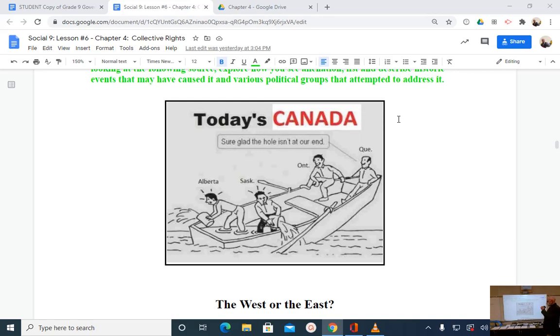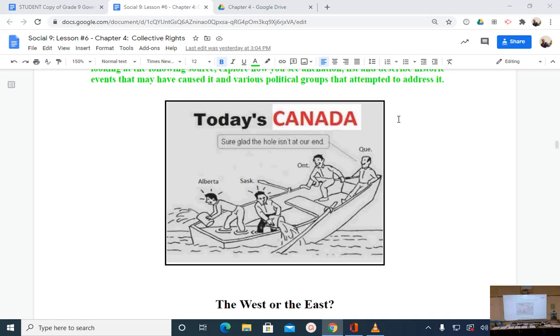And the cartoonist is saying more than, we're just alienated, we're being used for their benefit. It's like colonization. That they're sitting back benefiting from us. And the idea is that the cartoonist is actually suggesting that the logic of Ontario and Quebec is broken. It's irrational what Ontario and Quebec are doing, because eventually the boat's going to sink for everyone. That's why it's illogical.